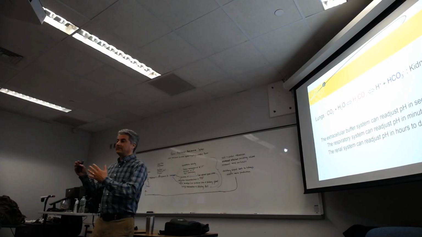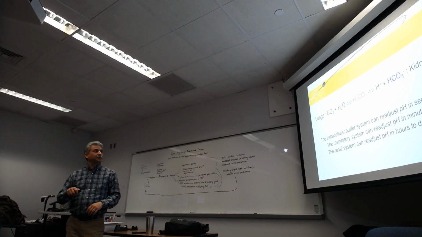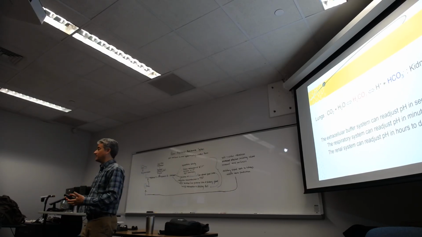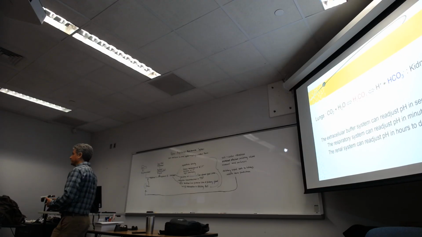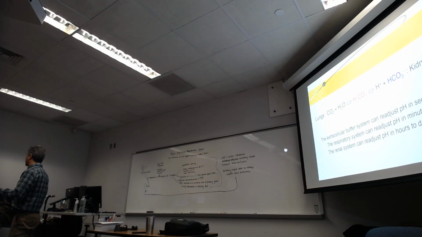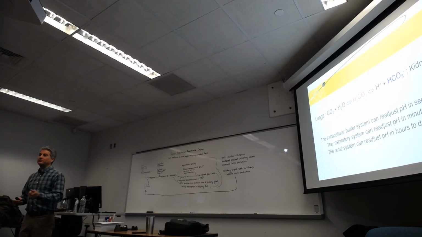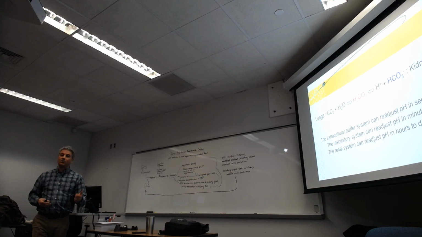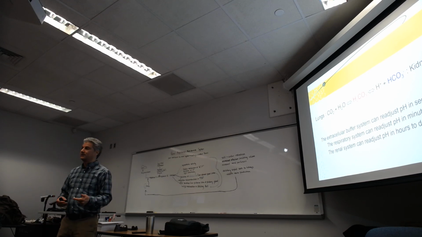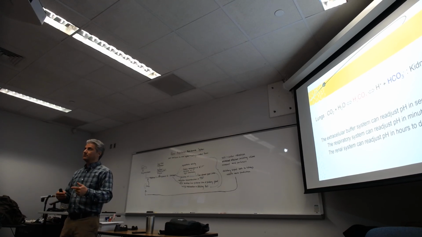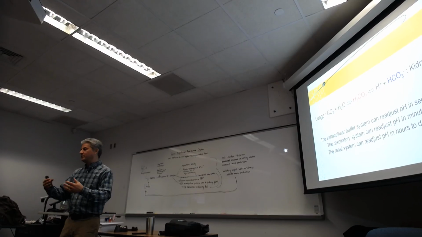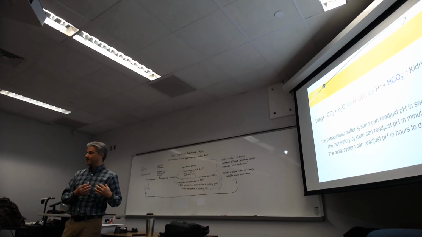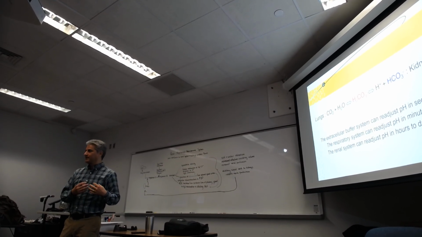On one side of this, we have the lungs, which is where you can add or get rid of carbon dioxide and water. And on the other side, you've got the kidneys that can flush hydrogen ions or create bicarbonate ions to combine with the hydrogen and create carbonic acid, which can then be released by the lungs. Does that make sense?